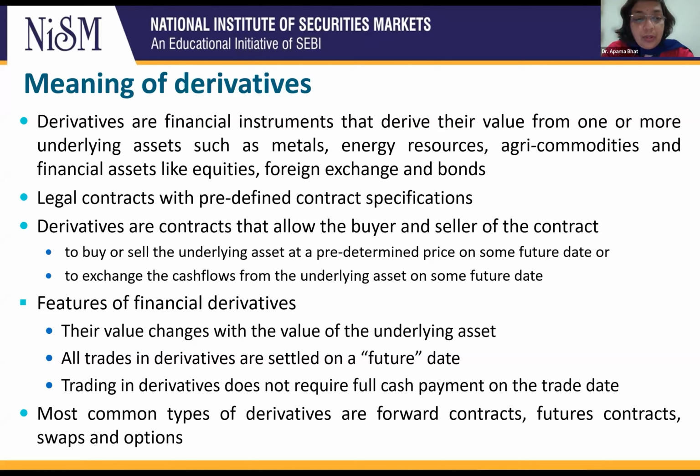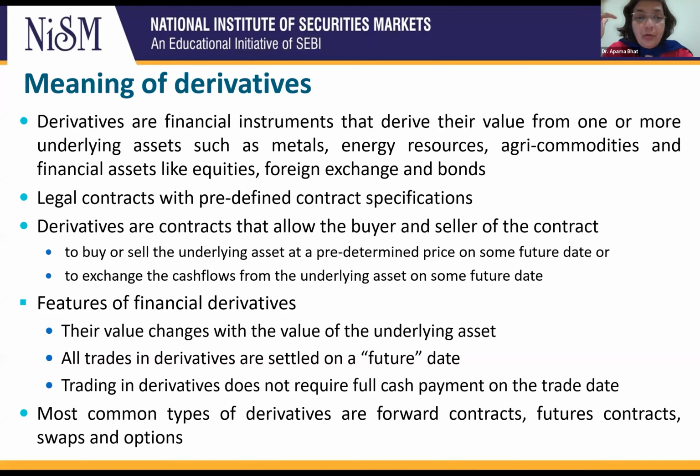So what are these derivative contracts? They allow the buyer and the seller of the contract to buy or sell the underlying asset at a predetermined price on some future date. There are derivatives such as futures and options. Now we'll come to the different types of derivatives.